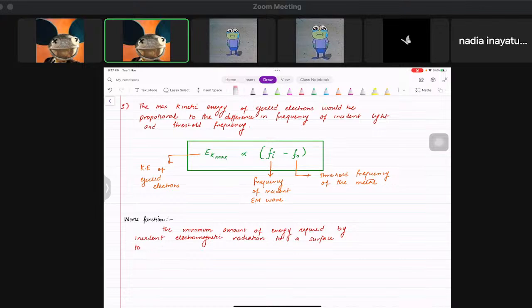In fact, let's write a better word, to remove electrons from the metal. Okay.